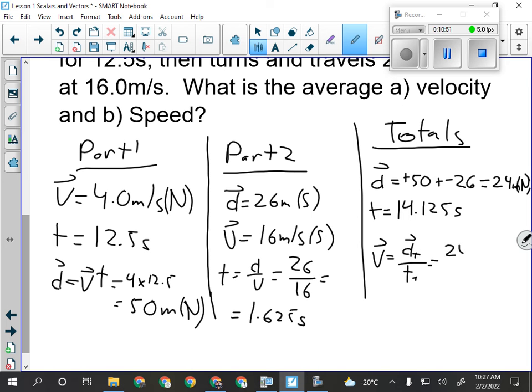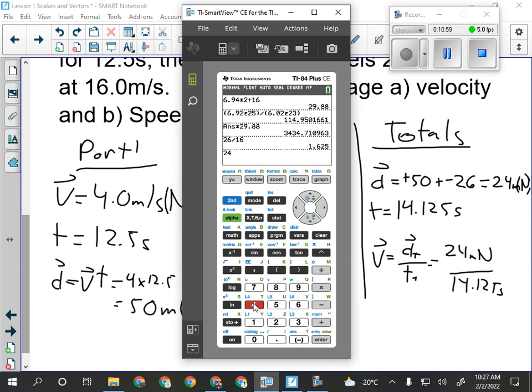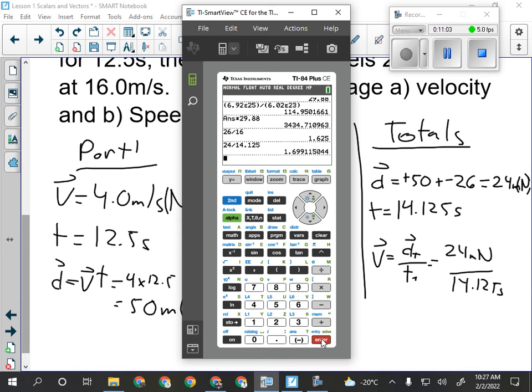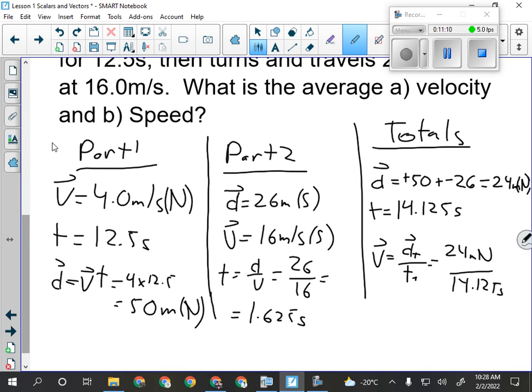So that'll be 24 meters north divided by 14.125 seconds. All right, so we're looking at 1.7 meters per second north. Okay, obviously velocity is a vector quantity.